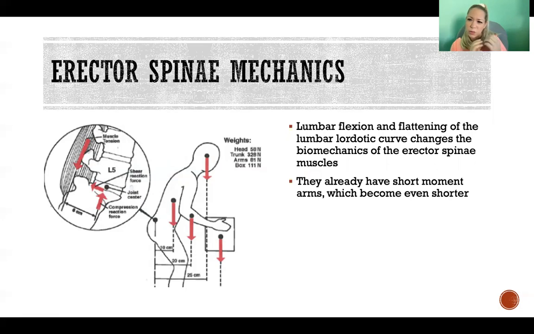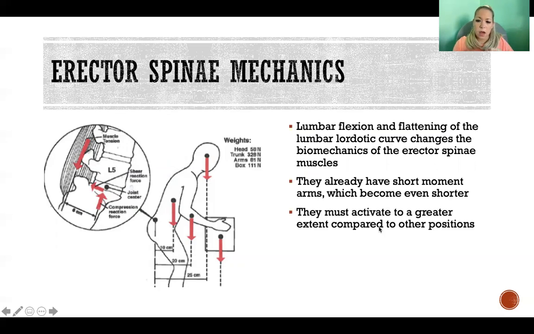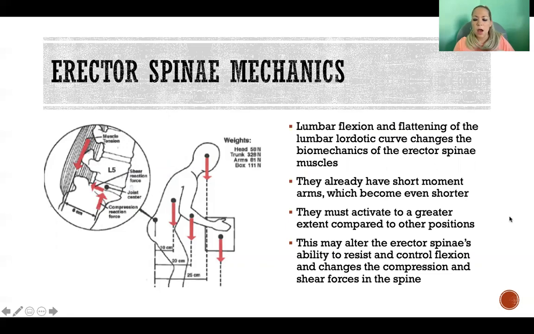That's why we want to be careful about avoiding that flattened lordotic curve or too much lumbar flexion, because then we're causing the erector spinae to have to contract to a greater extent to function normally. They must activate to a greater extent compared to other positions, and this may alter the erector spinae's ability to resist and control flexion, and changes the compression and shear forces in the spine.